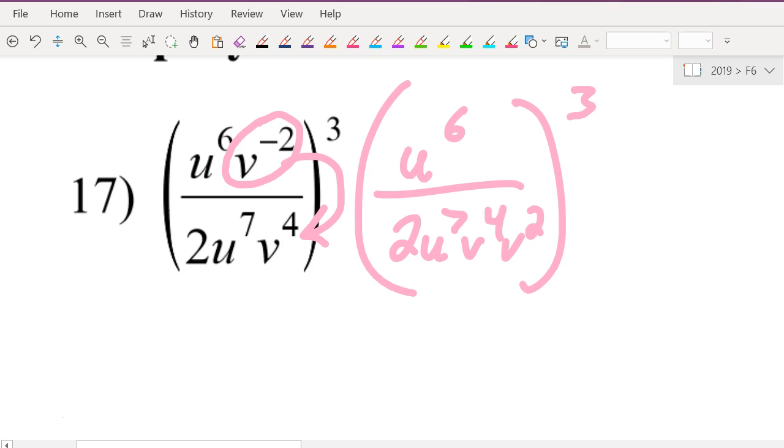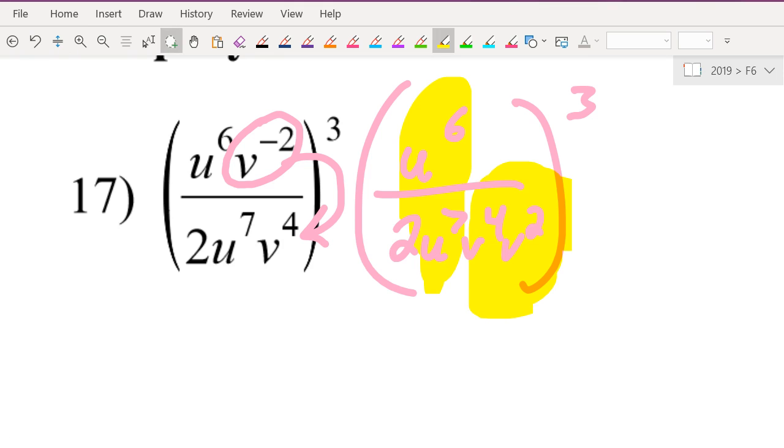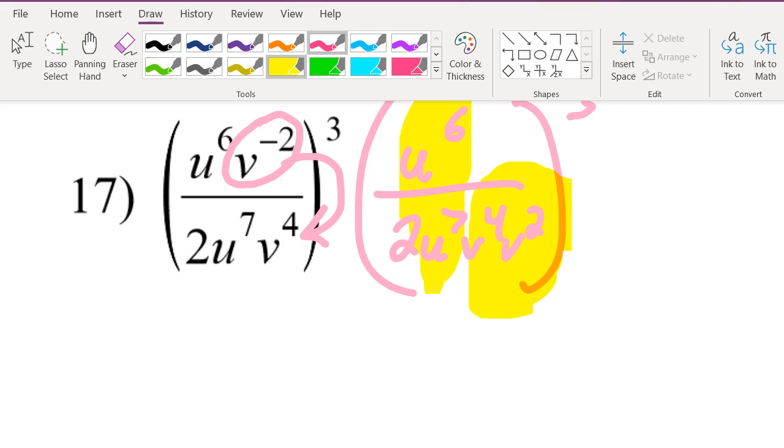All right, what now? Then we would write it 3 times. Well, we could, but we don't want to do that yet. It's more work. It's shorter if we simplify the u's and the v's first. Then we would multiply b4 and b2, which makes b6, v to the 6th power.